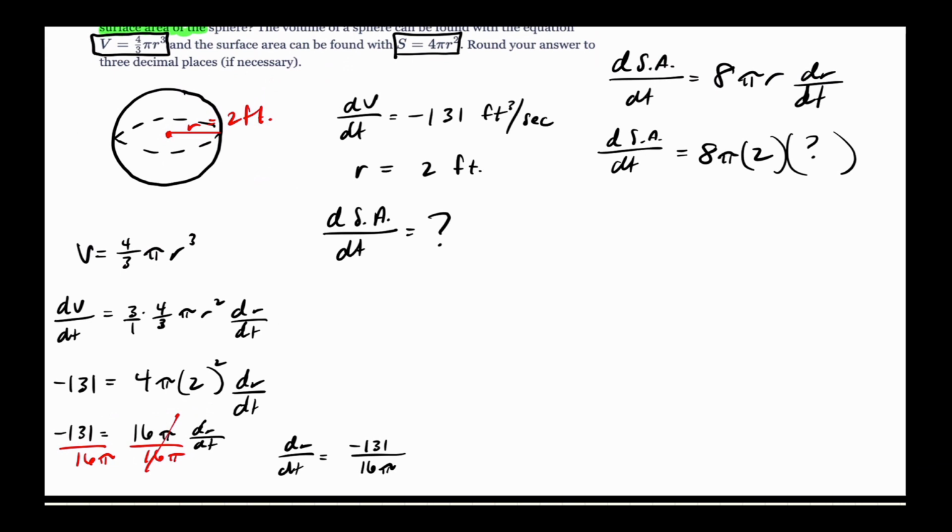Remember, we're not gonna round any answers until the very end. So that number right there, literally that number there, I'm gonna take over to the other equation that I started with and plug it in.